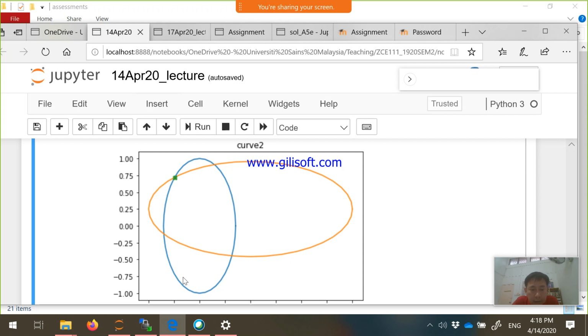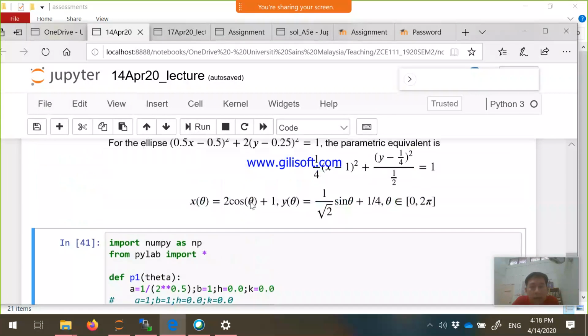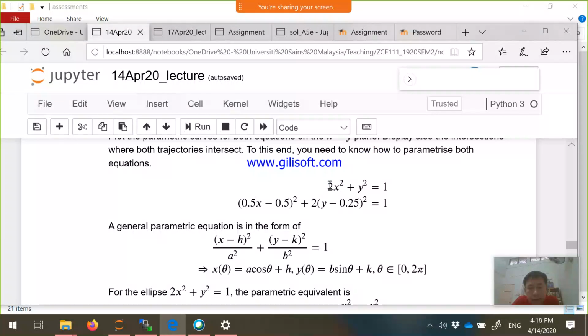Whereas for this one, the semi-major is lying along the y direction, and the semi-minor is lying along the x direction. So the center for this one, h, k, is 0, 0, and the center for this one is somewhere here. Okay, so an ellipse that is given by these equations has radii a and b, and has a center at coordinate h, k.